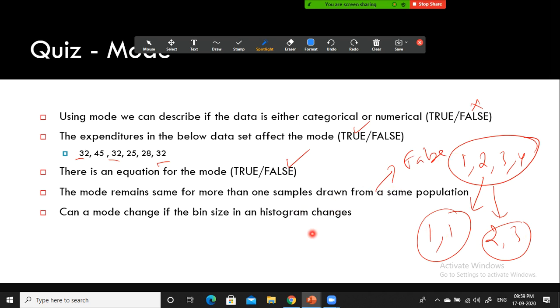The next one is, can a mode change if the bin size in a histogram changes? What is a bin? Bin is nothing but a bucket, right? What is a histogram? How many of you have heard about this histogram? I guess most of you are familiar with the bar plot, right? If you don't leave any gap between the bars of a bar plot, we call that a histogram.